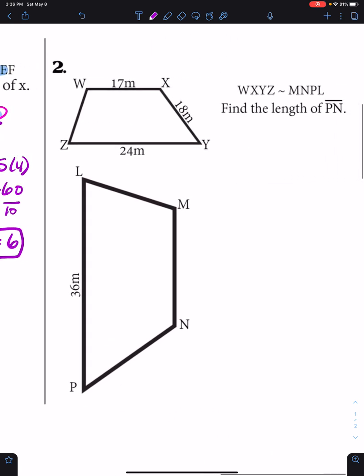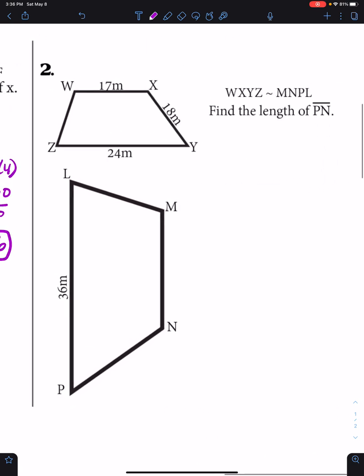One more example here. These two trapezoids are similar, and they are written out here. WXYZ is similar to MNPL. And those letters really matter now because those trapezoids are not drawn facing the same way. But I could either redraw one of those trapezoids so they are facing the same way and then relabel them, or I can highlight.